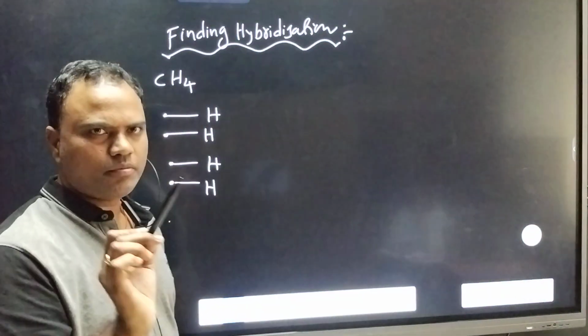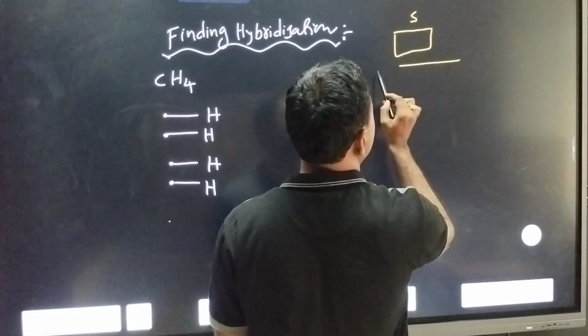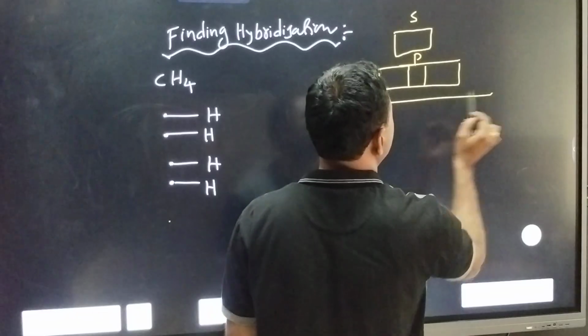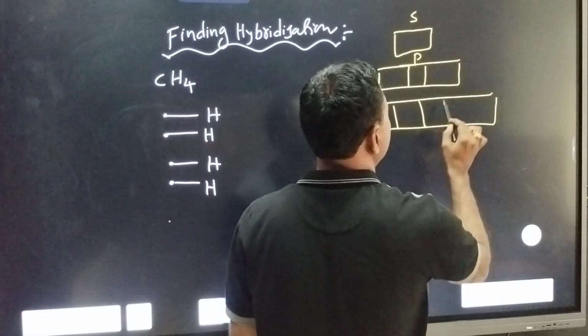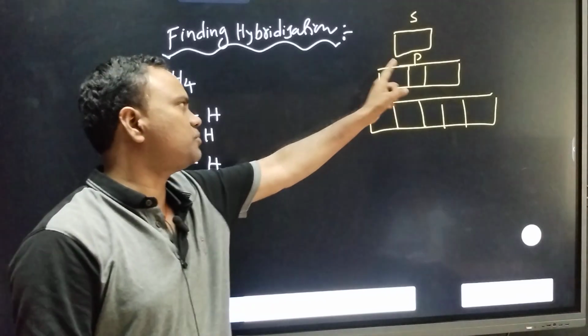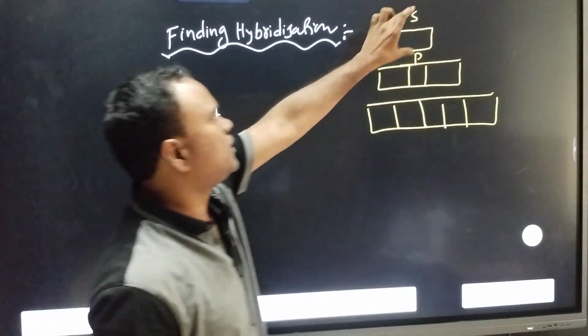Remember, hybridization should always start with s. After that, p orbitals, which are classified into three: px, py, pz. After that, d, which has 5 orbitals. First, an s orbital.